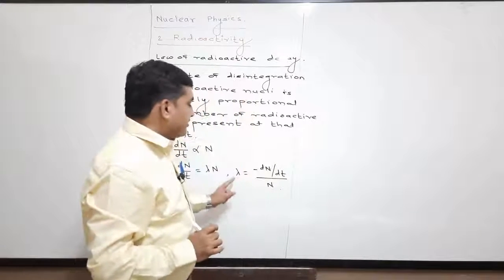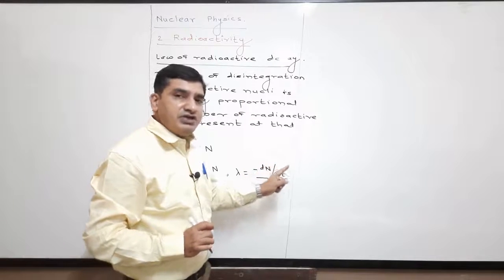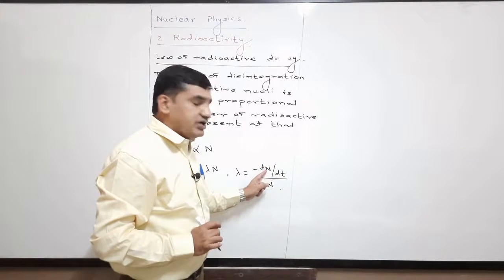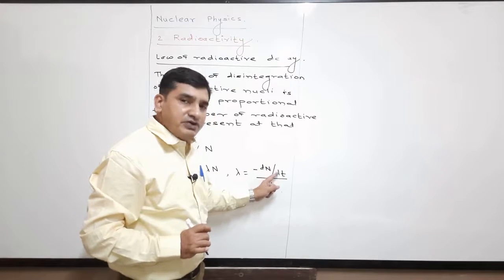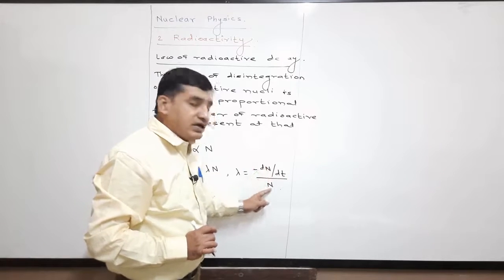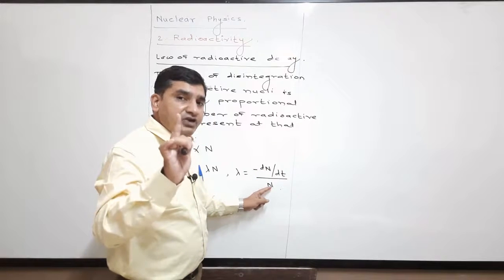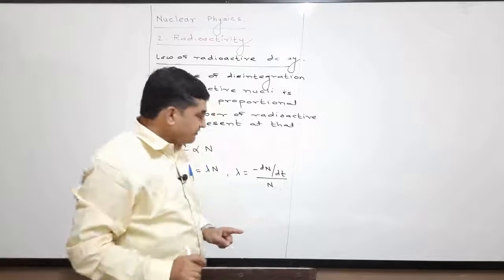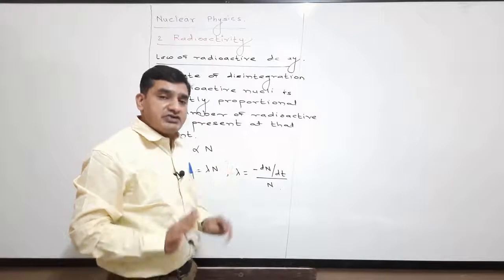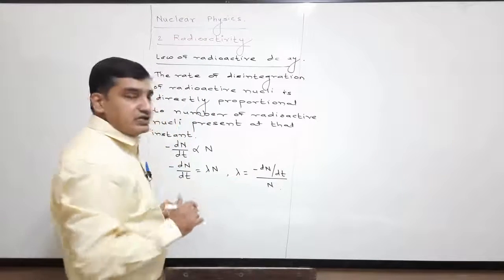Here minus dN upon dt represents the number of radioactive nuclei disintegrating per unit time, and N represents the number of radioactive nuclei present at that instant. So, this is the decay constant or disintegration constant.